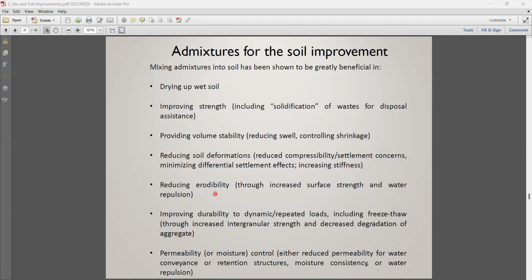Then moisture control. I have asked this in one exam: to improve soils, what are the uses of mixing admixtures? Why do we add chemicals or any other mixture to soil? These are the ways it will improve the soil.